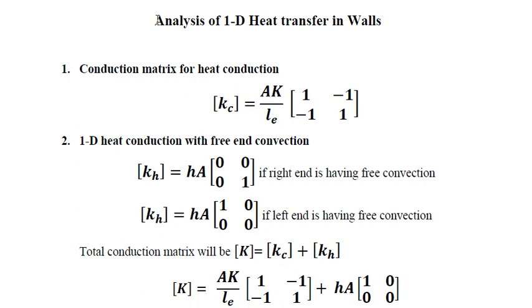Okay, now we shall study the analysis of 1D heat transfer in walls. 1D, again I told you, means one directional heat flow in walls, especially those subjected to conduction mainly. Now we have studied 1D bars and 1D beams. 1D beams means the beam element is taken as 1D; in bars also, the bar element is taken as 1D.